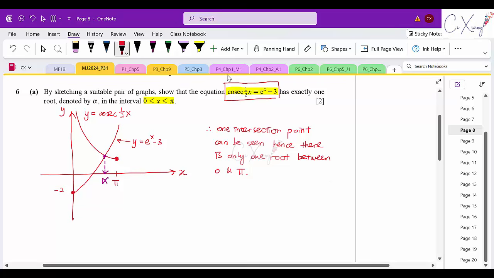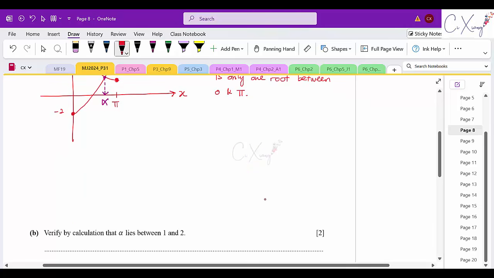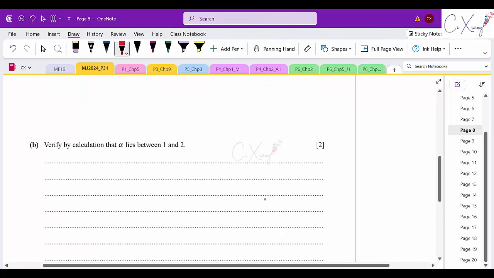Alright, so this is my original equation. What I need to do is move all the terms to one side. As an example, if I move cosecant to the other side, I will have the function f(x) equals e power x minus 3, then minus cosecant half x.